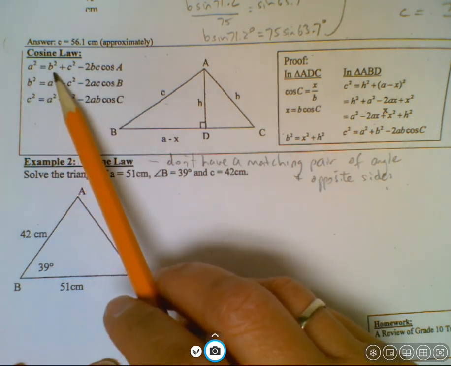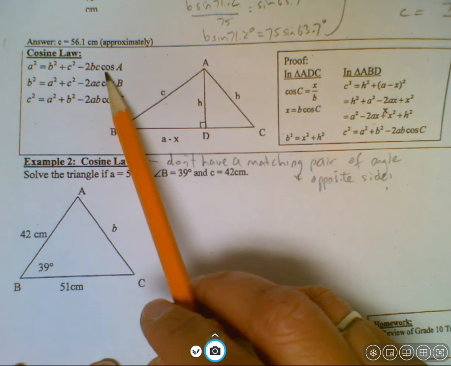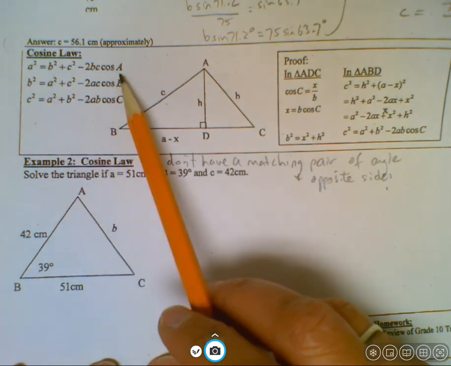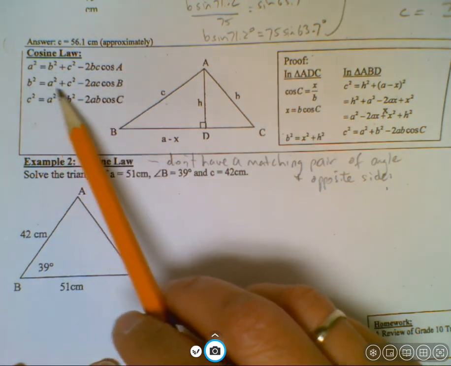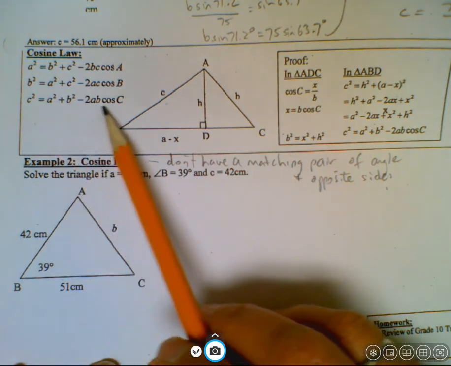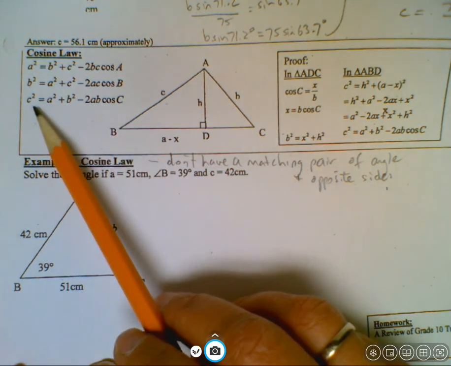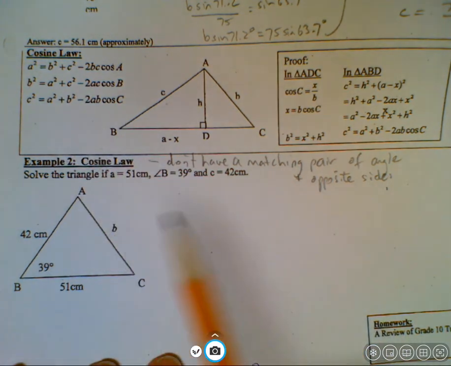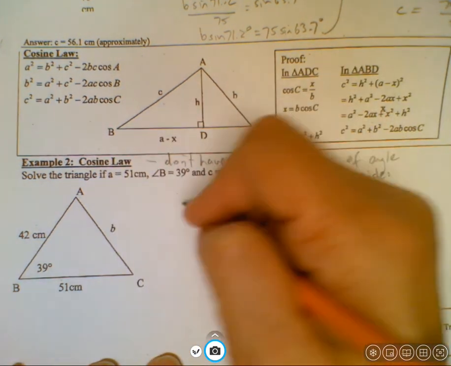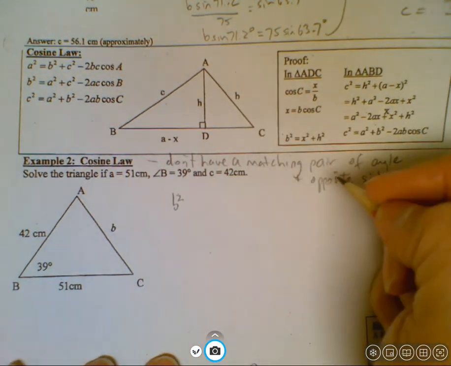So a squared equals b squared plus c squared minus 2bc cos A. This one and this one match, and we're going to have different flavors of the formula depending on which side we're solving for. So if I'm going to solve for side little b, I'm going to start with the formula that starts with little b squared.